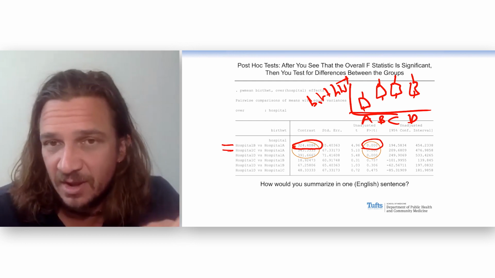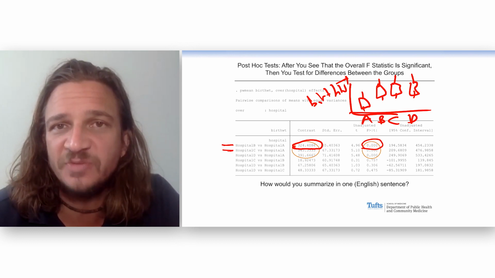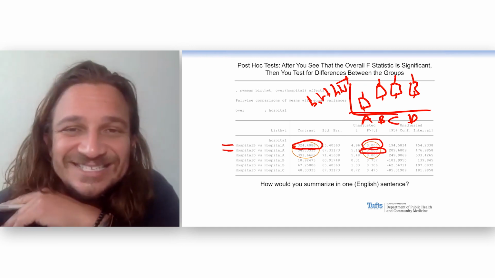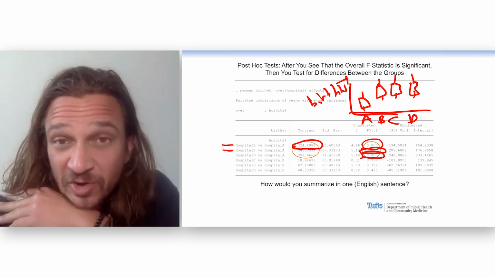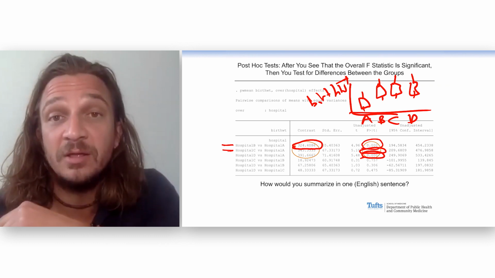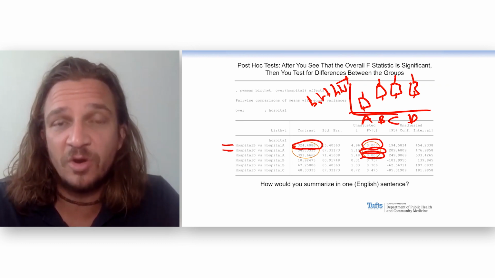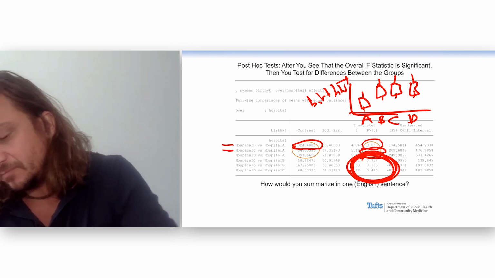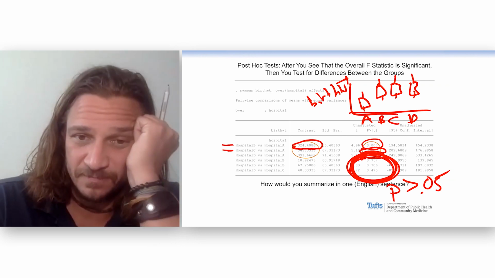Well, now we can even say, on the average, babies born in hospital A are significantly lower than babies born in hospital B and C and D. On the average, babies born in hospital A are significantly lower than B, C, and D, and then look here, which do not differ from each other.